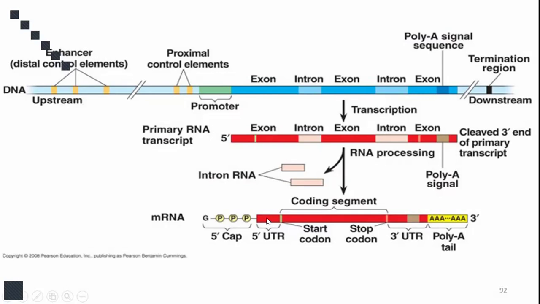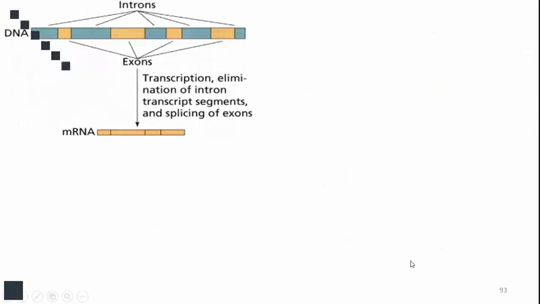The portion that is 5' untranslated, the portion that is 3' untranslated, and then the last process that occurs in the transcription process is actually the polyadenylation, which is the addition of poly A tail, which is what you are actually seeing here in yellow. So introns, exons will be put together, and that's what you are seeing.